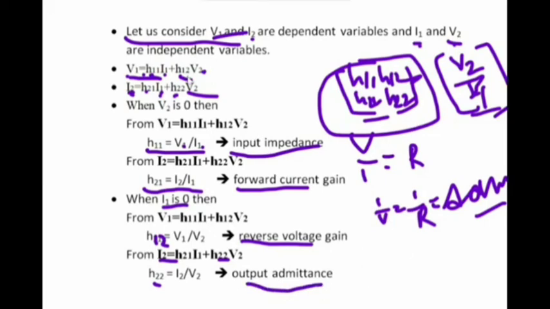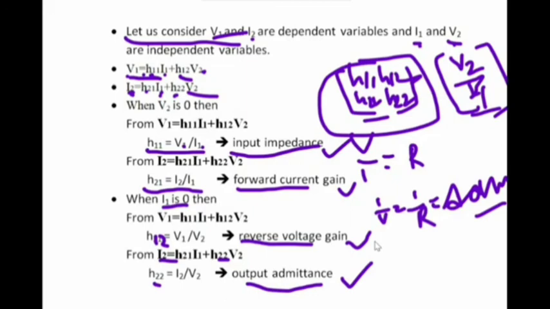Why are these called hybrid parameters? Because they have different units: impedance has ohms as units, current gain has no units, reverse voltage gain also has no units, and output admittance has mhos as units. These are four parameters, and each parameter has separate units, so they are called hybrid parameters for this reason.